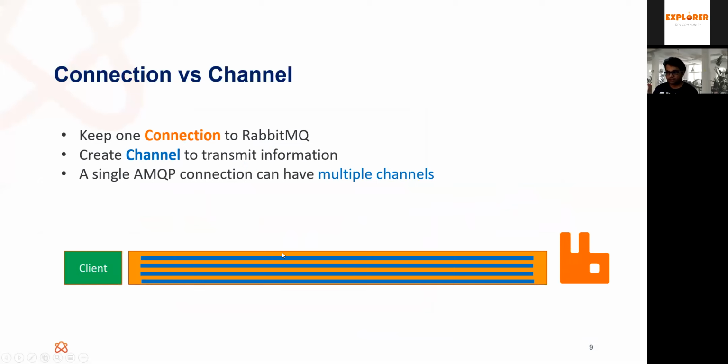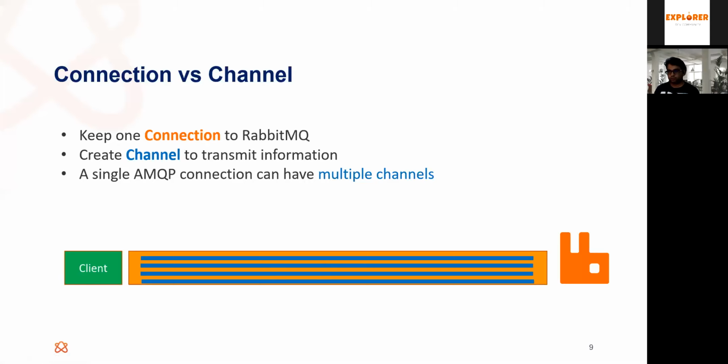For one connection, there will be multiple channels, and we use these channels to communicate with RabbitMQ. So in a single AMQP connection, there will be multiple channels. It is like a multiplex cable: there is one cable, and under that there are different communication channels. So when we are working, first we connect, then we create a channel, and then we use that channel to communicate with RabbitMQ.